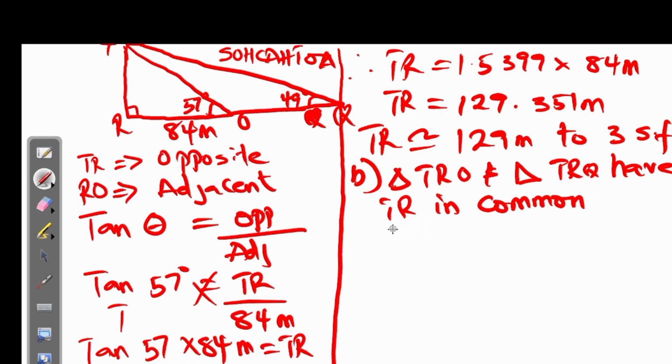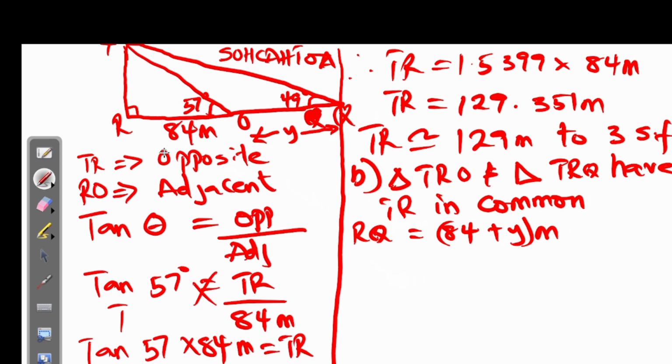Since we already know TR, I can get RQ. Let's say OQ is y. So RQ will be 84 plus y meters.